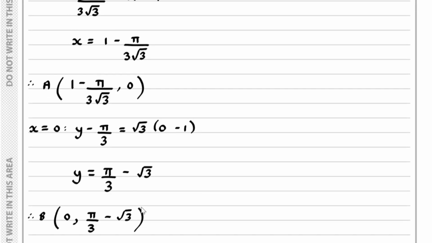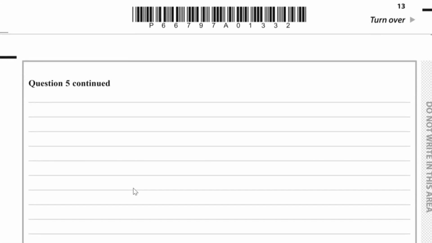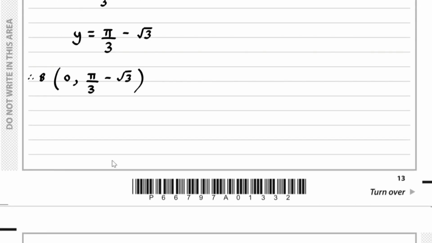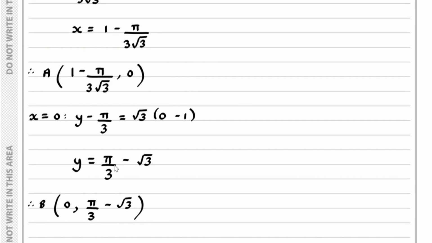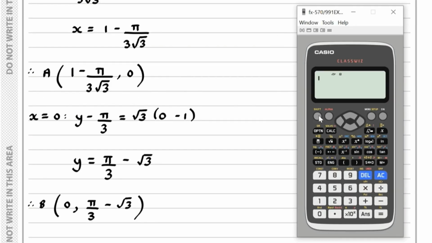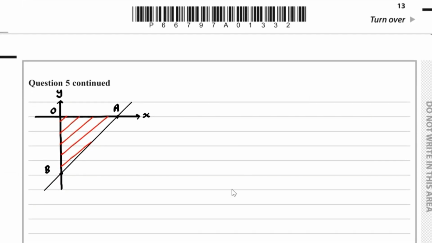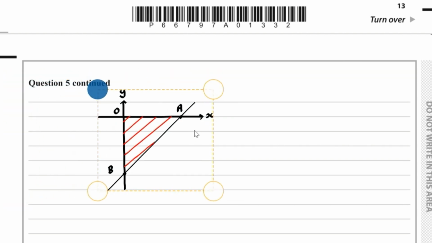Now let's draw out our triangle. We've got our triangle here. Now, if we take a look at what the value of pi over 3 minus root 3 is, that's negative. So we want the negative of this answer to make it a positive length. So here's our diagram.